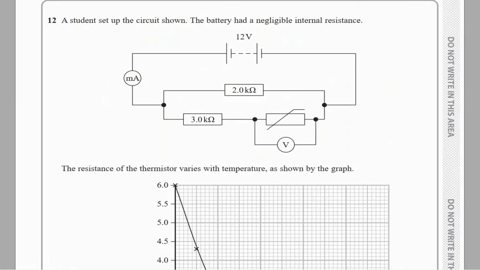Question 12 says, a student set up the circuit shown. The battery had a negligible internal resistance. So here you can see we have a 12 volt power supply, and a 3 kilo ohm resistor and a thermistor are in series, and these two are in parallel with the 2 kilo ohm resistor, fixed resistor of course.